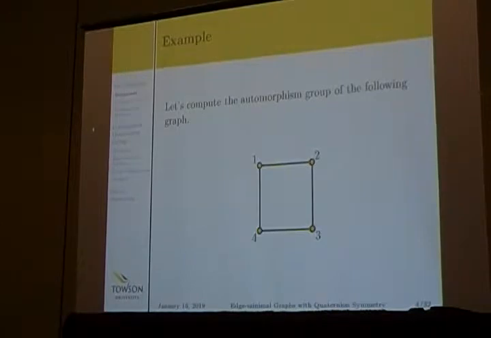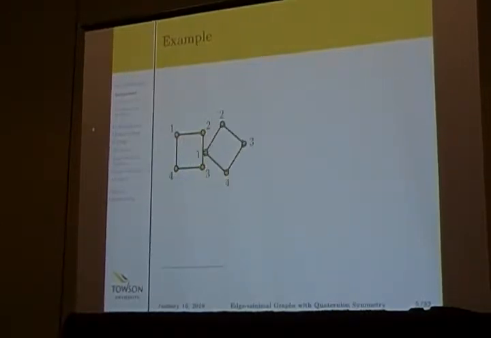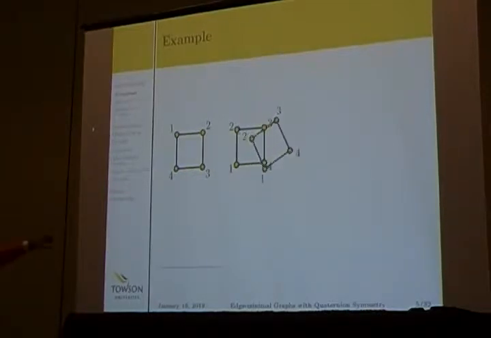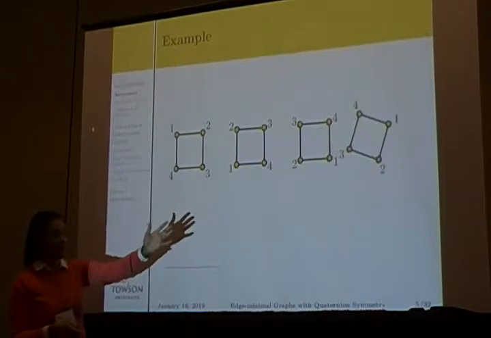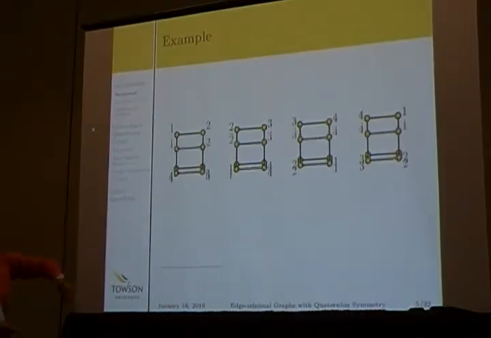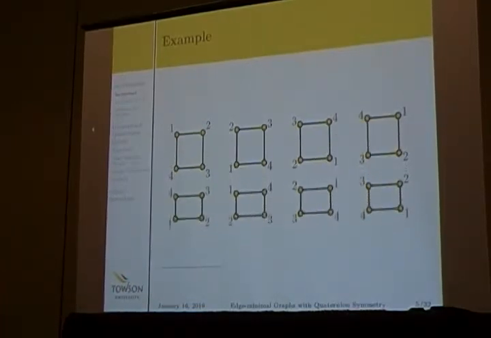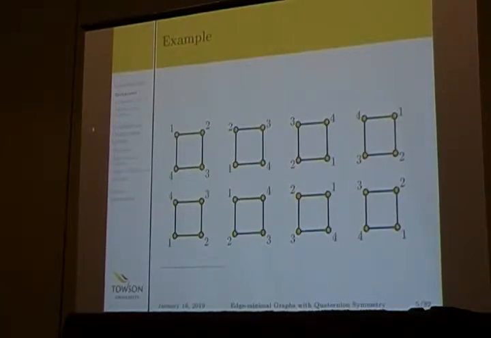So we should expect to have 8 different automorphisms, right? And indeed we do have them here. This is the graph we started with before. We can rotate 90 degrees, 90 degrees, 90 degrees, and then flip everything down. So the automorphism group of the square is the dihedral group of order 8.